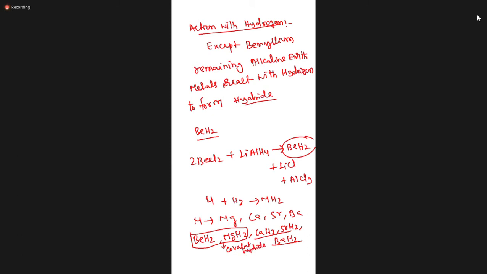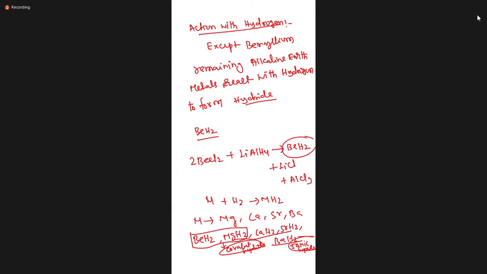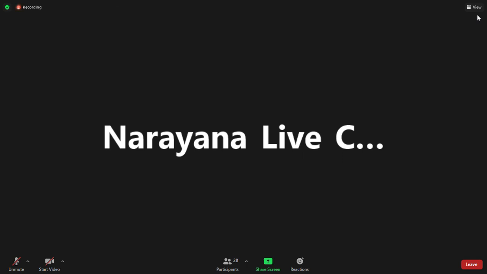This is called ionic hydride, otherwise called saline hydride. Calcium hydride, strontium hydride, and barium hydride are all called saline hydrides. Please note that point.